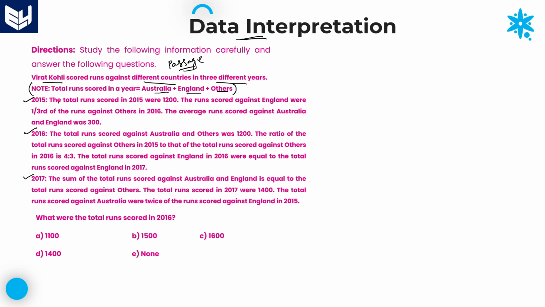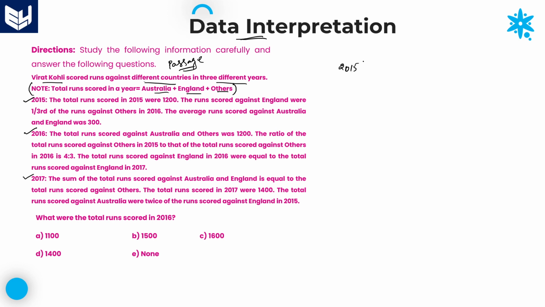Now if you observe carefully, in each and every year, 2015, 2016, 2017, you must get three values: one is Australia, one is England, one is others. These three values you have to get from the information. Once check whether you are getting these three values in each and every year or not. So first we'll start with 2015.